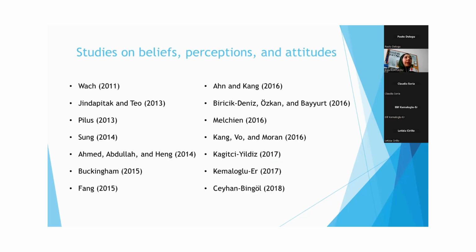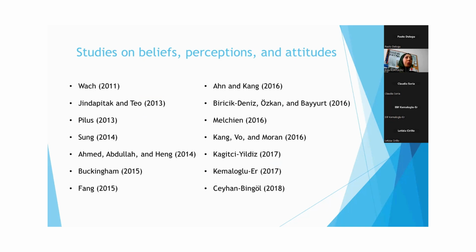In the literature review, I faced some studies especially investigating beliefs, perceptions, and attitudes. The studies are given in chronological order here. When we look at them in general, they investigated beliefs, perceptions, and attitudes with questionnaires and Likert scales.